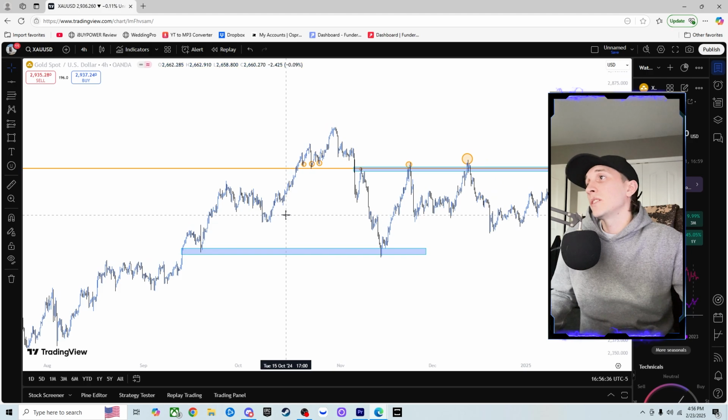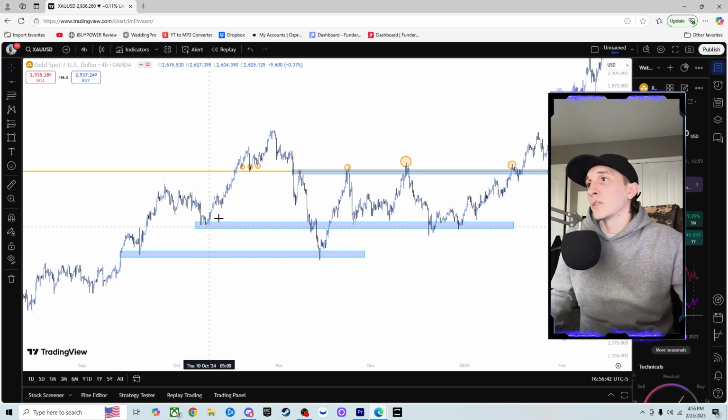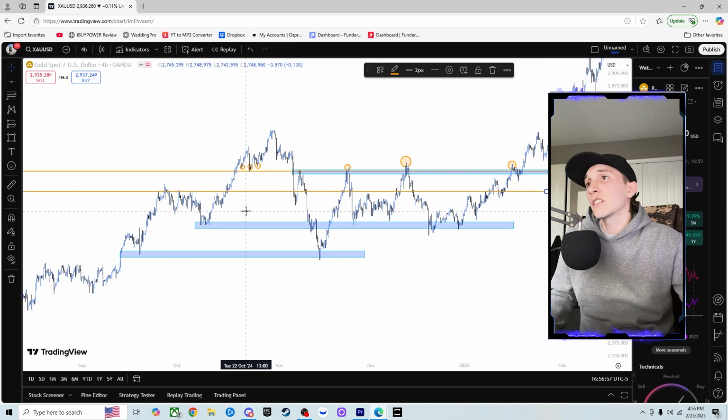The same thing could be said about this area right here. If we drag a line across, it's a very common touch point where we react and have large moves off of that area. So anytime you see areas where we have those large moves off of them, you can consider those supply and demand zones. Supports and resistances are going to be laid out really anywhere. You can find them.